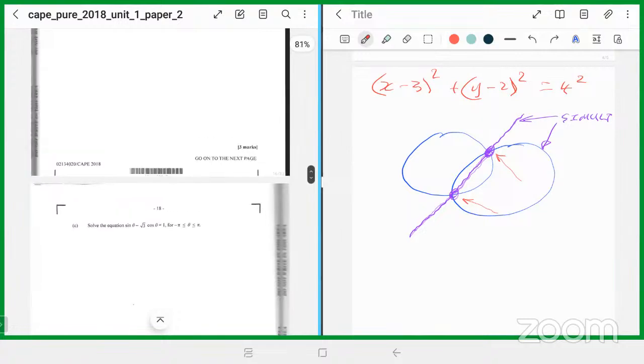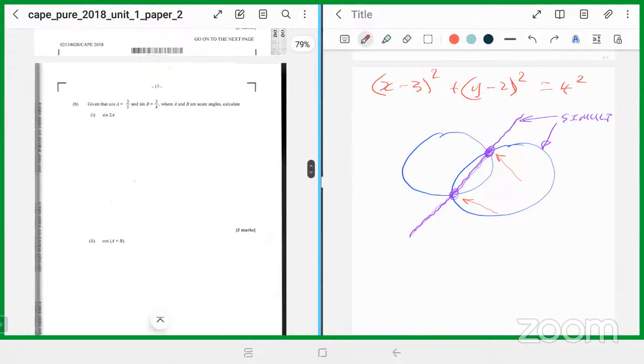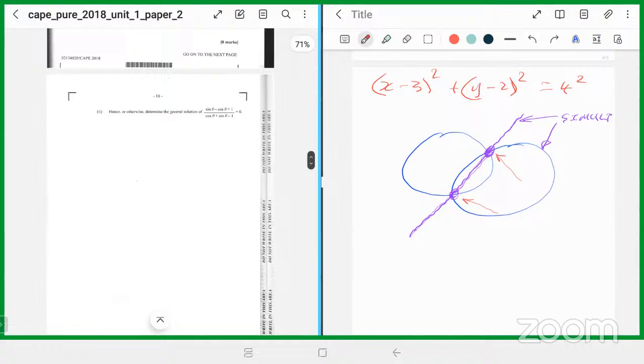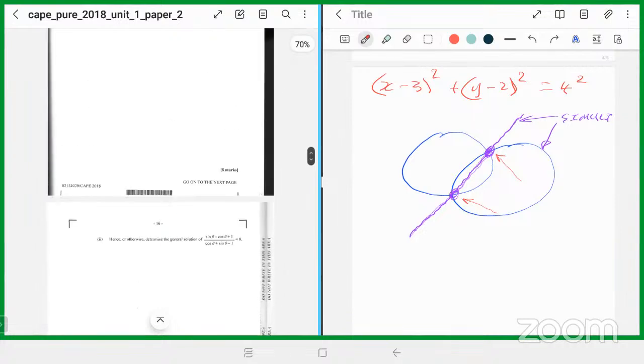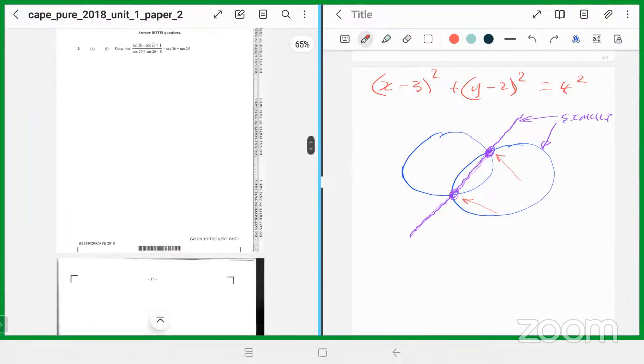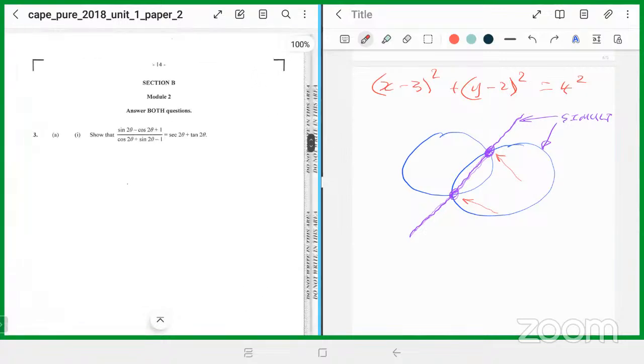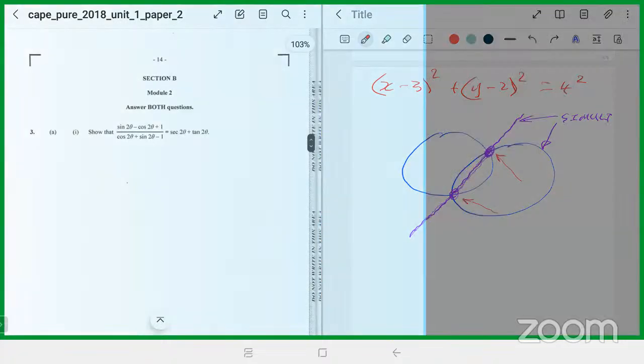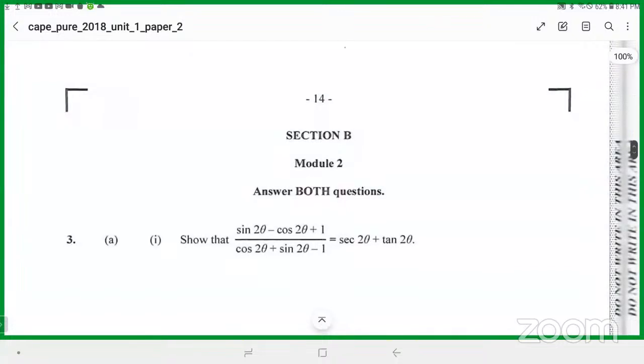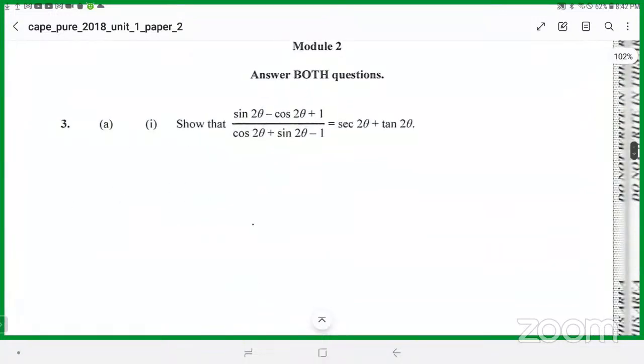Oh, so we're in truth already and there was none, right? That's what I said. All right, there's one. Here's one. That looks like a nice proof.